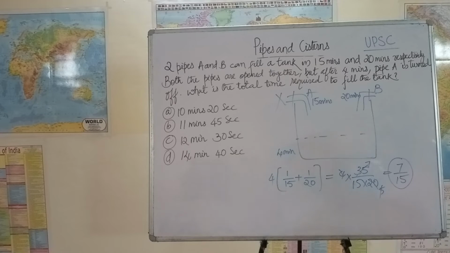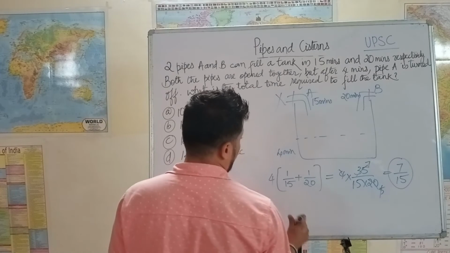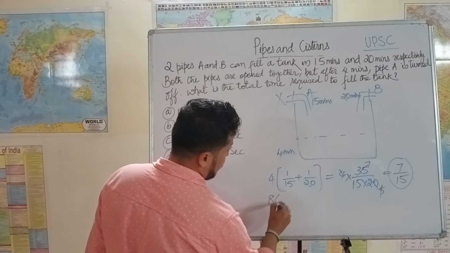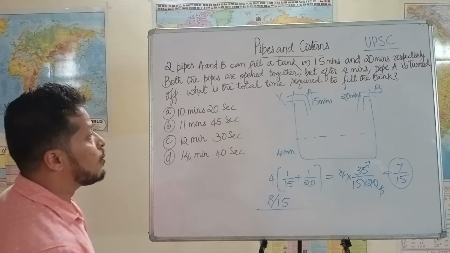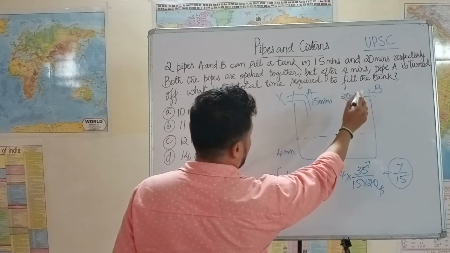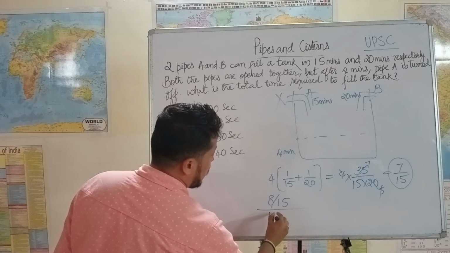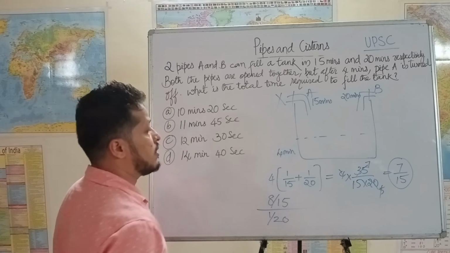What is remaining? Remaining is 8 by 15. So the remaining 8 by 15 of the work has to be done only by B, and B's efficiency is 1 by 20. Correct?